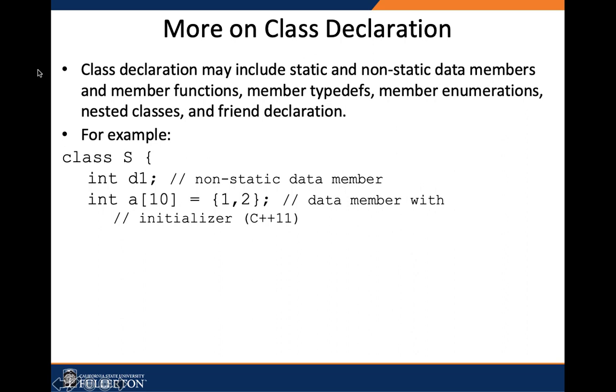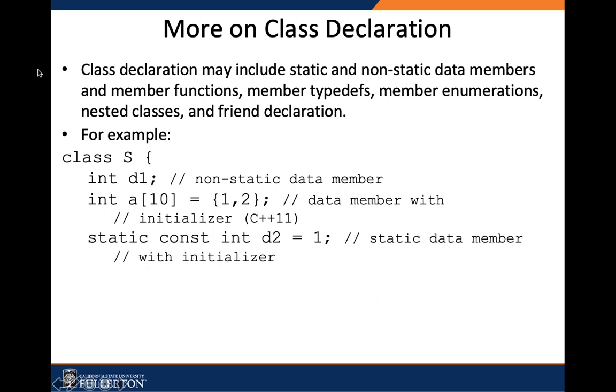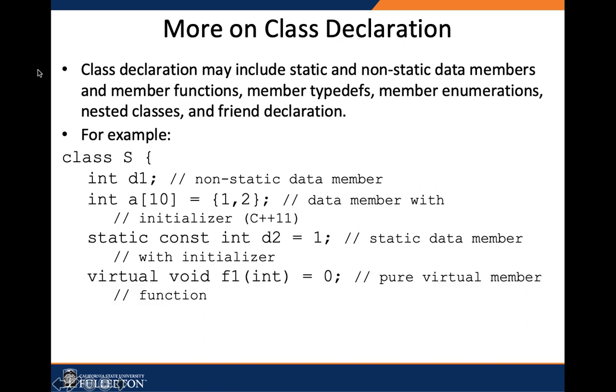This will work for C++11 and newer versions. And we initialize a third data member, D2, which is a const integer, but it's static. So this static data member, which is initialized, will be shared and will have the same value for all the objects which are instances of class S. And because it's a const int, this data member cannot be changed.